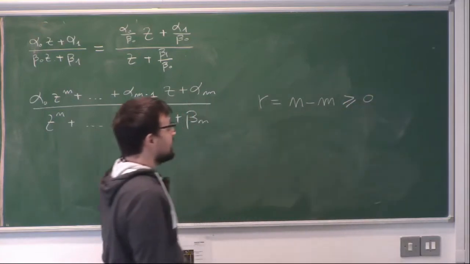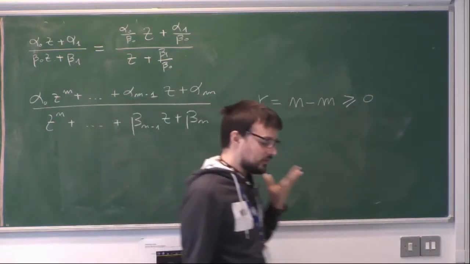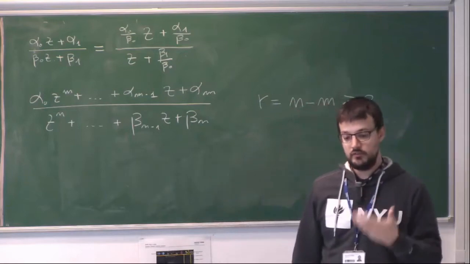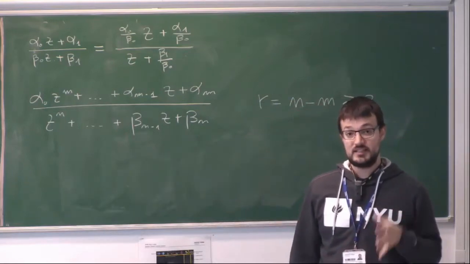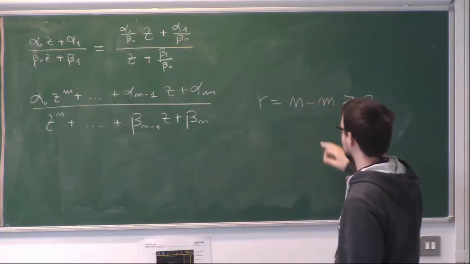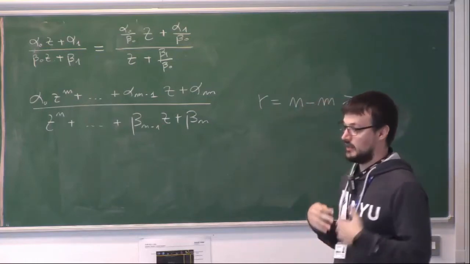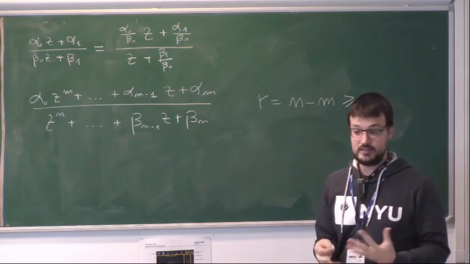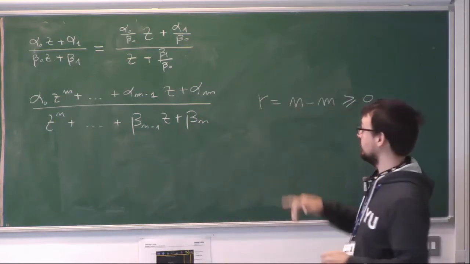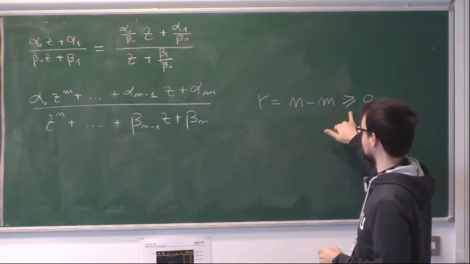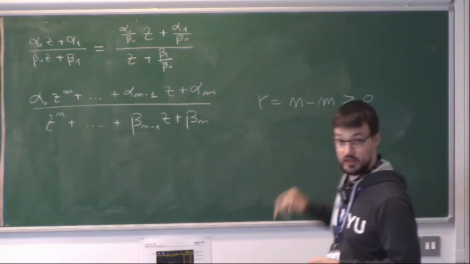The reason is, and this will maybe be clear in future lectures when we're going to study the state space representation, that this basically implies that the system is actually a real system. So no physical system can be realized with a relative degree that is negative.